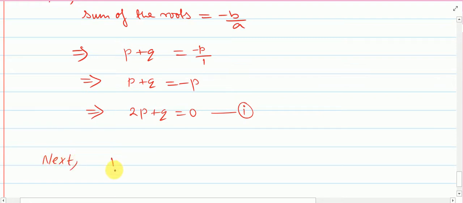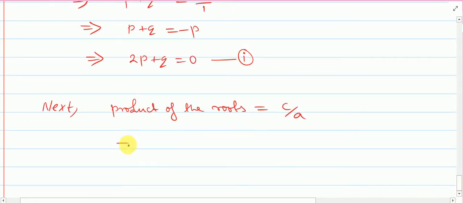Next, product of the roots is equal to C by A. Here they have already said that we have to find the value for P and Q such that P and Q are the roots.